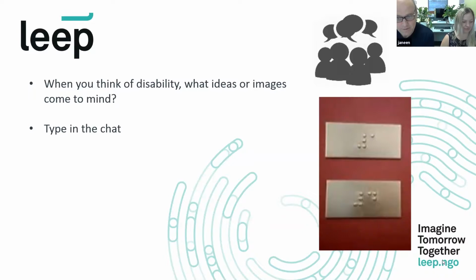A carer, physical impairments, support worker, mobility restricted, non-visible, sometimes unseen and misunderstood. Good answers. Wheelchairs, walking cane, autism, speech difficulties. Great. All right, thank you for those. Misconception of abilities. Good one. Yeah, next slide.